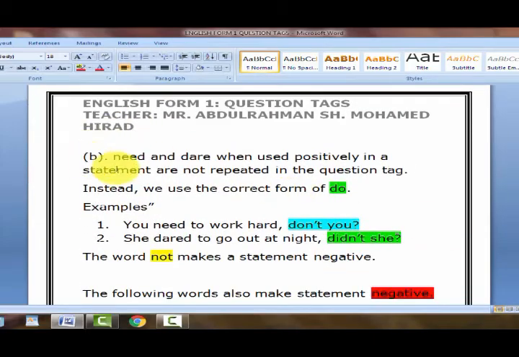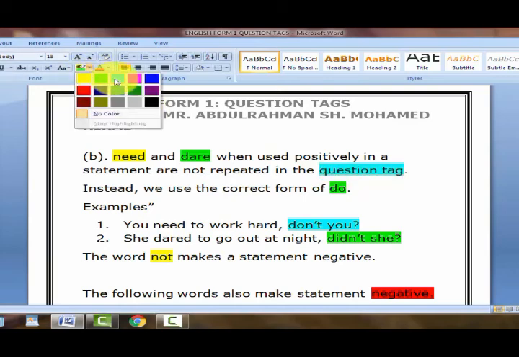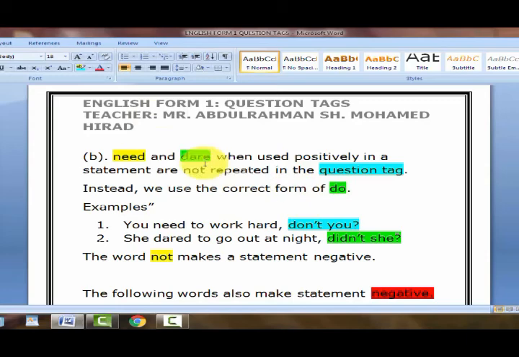Okay, next. NB. When it comes to need and dare, when used possibly in a statement, they are not repeated in the question tag.